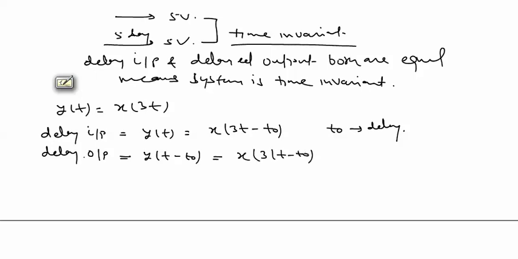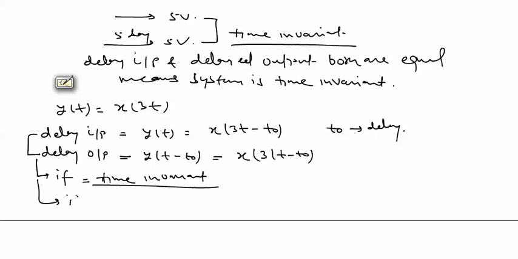If both are equal, the system is time invariant; if not, it is time varying. In this case, both are not equal, so it is a time varying system.